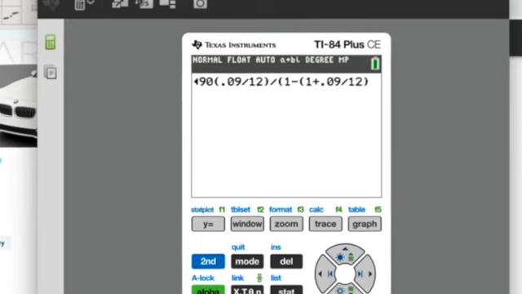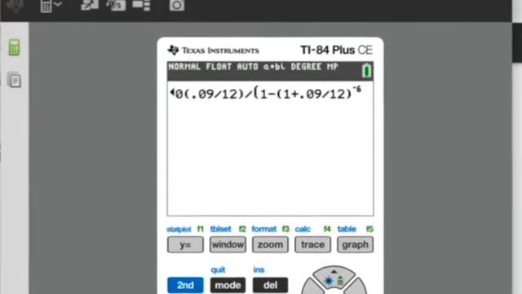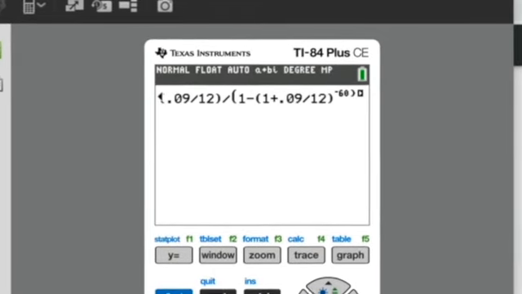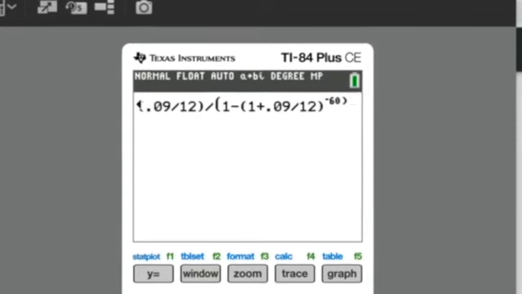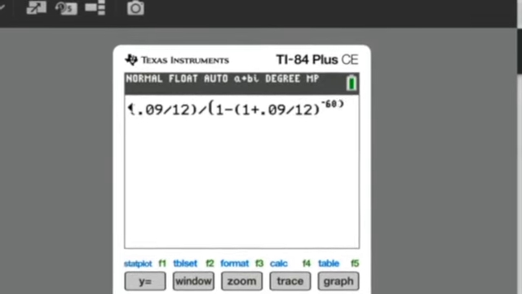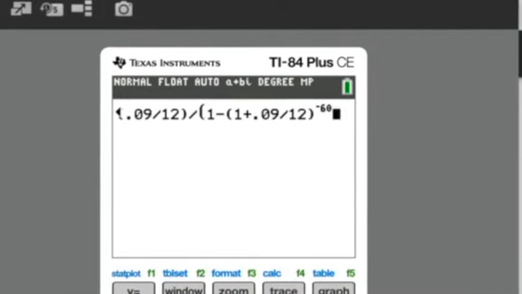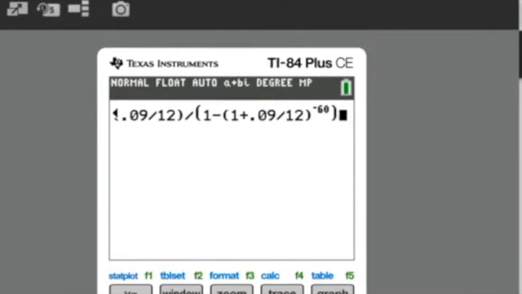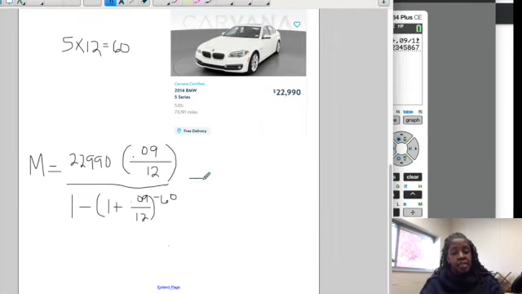I'm going to close that up, and I'm going to raise it to the negative 60. I'm trying to demonstrate to you that you can punch this into your calculator in a minute. I'm going slow though. Anyhow, I don't need to put that parenthesis right there because the calculator doesn't like that kind of thing. So I'm going to hit delete on that one, and I'm going to make it a bigger parenthesis just to show it that I'm done. My monthly payment for this BMW is $477.23. That's how you calculate your monthly payment.